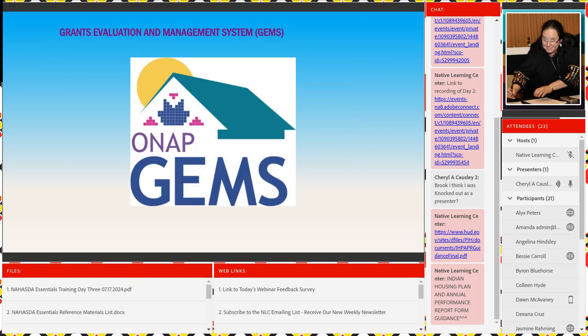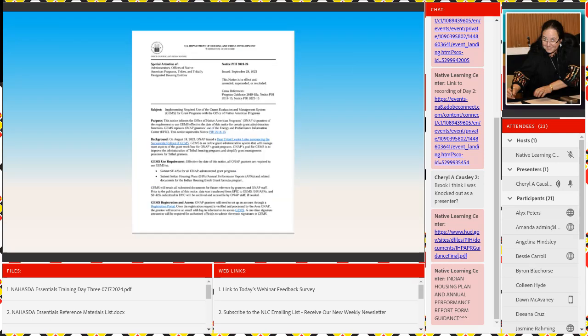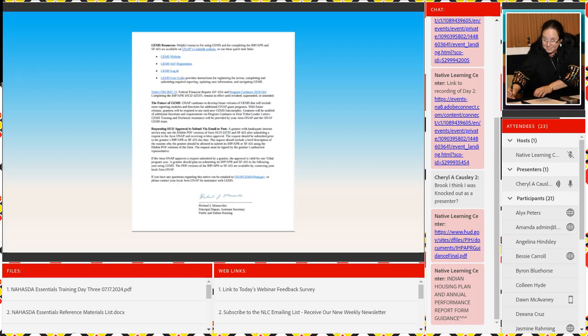So we now use GEMS. So it's the Grant Evaluation and Management System. It's new. Everybody's learning about it. This is the guidance 2023-26, implementing the required use of the Grants Evaluation and Management System. Okay. It's got active links within it. You can get right to the website. There's self-registration, login, user guide. It seems fairly easy to use.